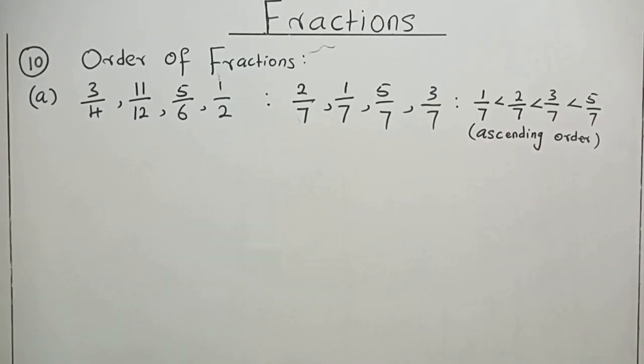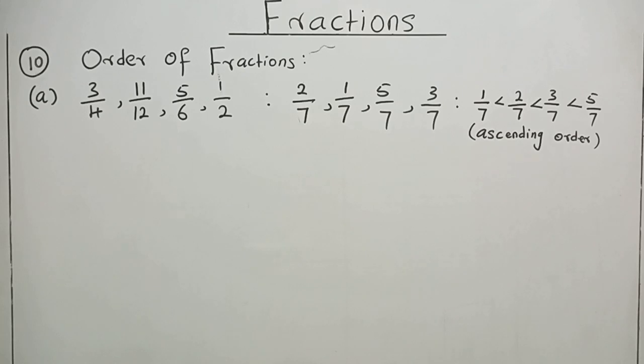And here they are. In ascending order, 1 over 7 is less than 2 over 7, which is less than 3 over 7, and 3 over 7 is less than 5 over 7, which means 5 over 7 is the highest of all. From the smallest to the largest, we've arranged these 4 fractions in ascending order.